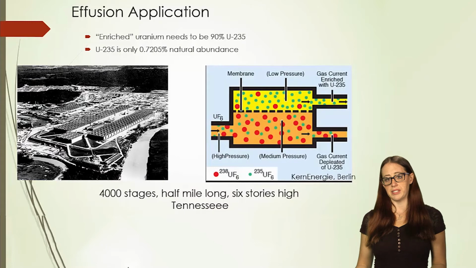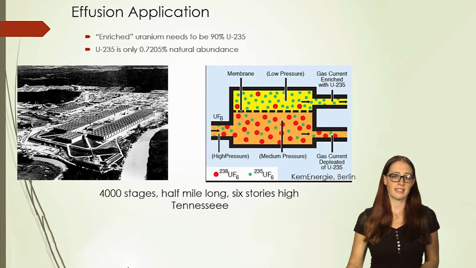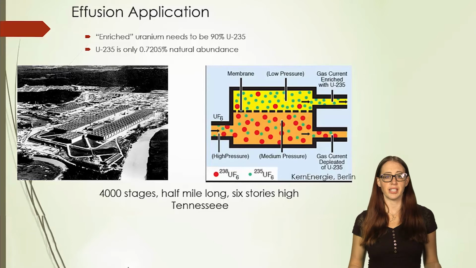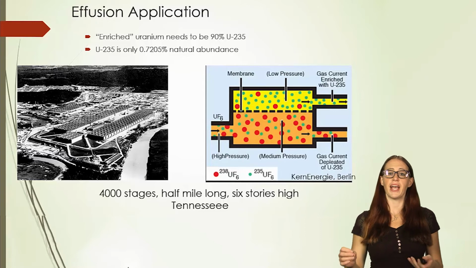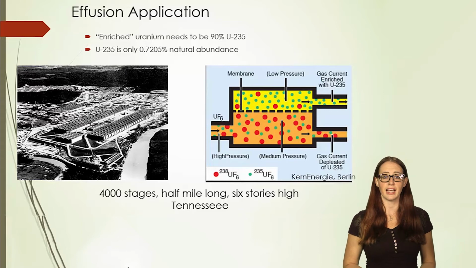This is actually one of the ways that we can enrich uranium, for nuclear weapons and for power. We can't simply dig uranium up from the ground and use it, because only one isotope of the uranium is actually any good for radioactive systems. And that isotope is only about 0.7205% abundant, and so we have to separate those out. There's a lot of ways to do this, but one of them is through the effusion that we talked about in the last slide.